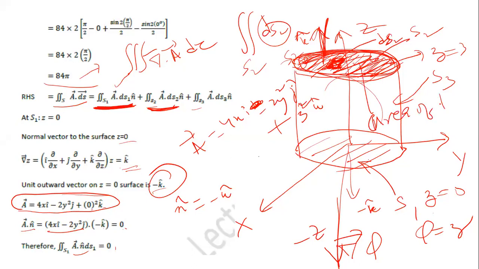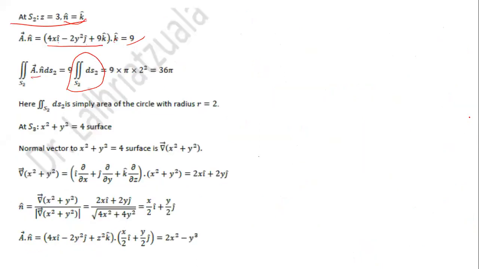What is the radius of this circle? The radius of the circle is 2. The area of the circle is pi r square, so pi times 2 square, which is 4 pi. So this is what you get.